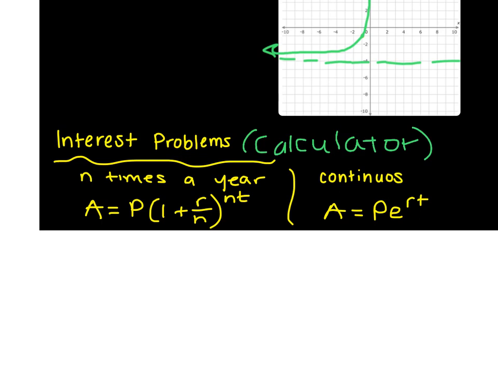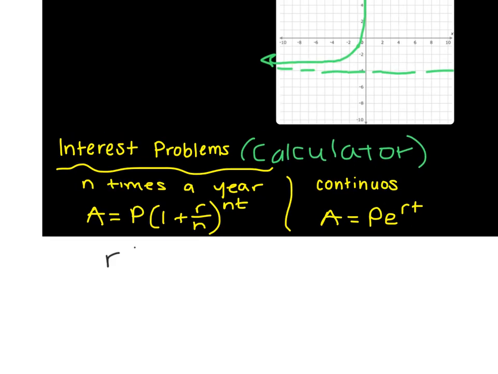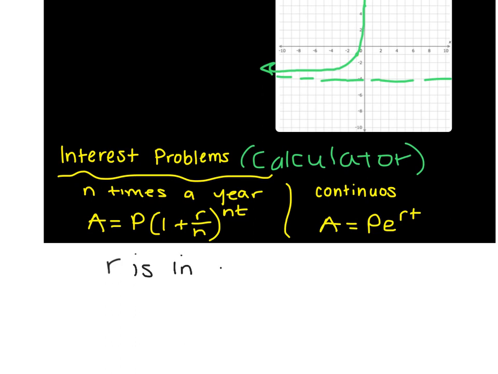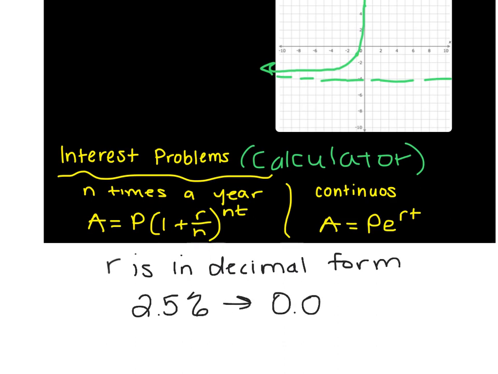And continuous is A equals PERT, P times E to the RT. And for these, you want to make sure that R is in decimal format. So if it said 2.5%, you want to make that 0.025.